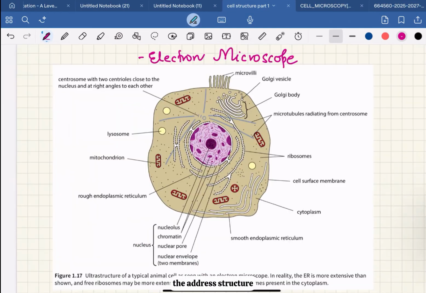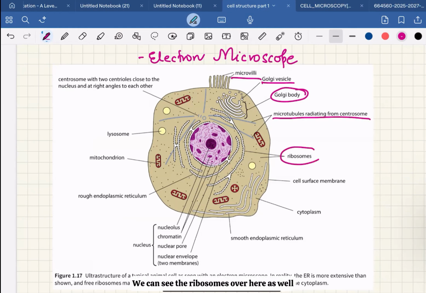The ultrastructure of the animal cell is seen under the electron microscope. Now let's discuss this. In the electron microscope, you can see the Golgi body. We also saw the Golgi body in the light microscope as well. Then there are the Golgi vesicles, microvilli, microtubules radiating from the centrosome.